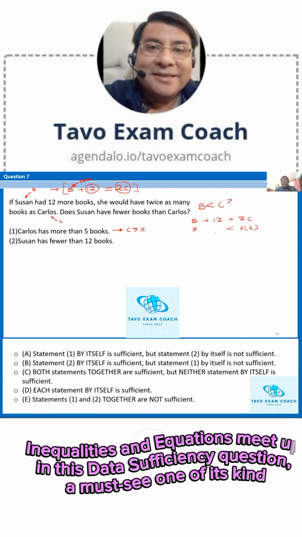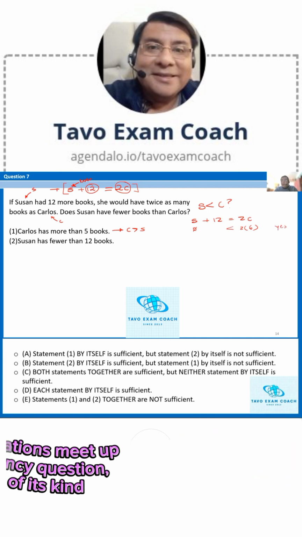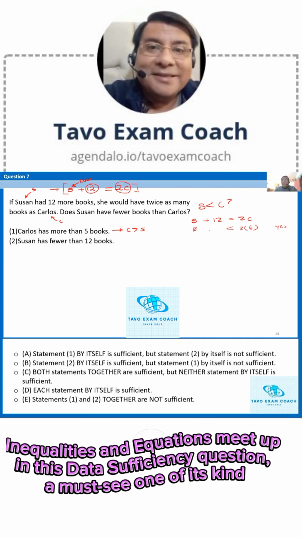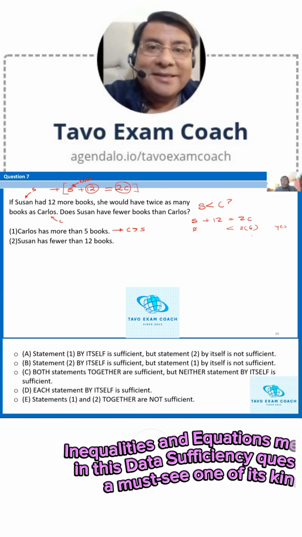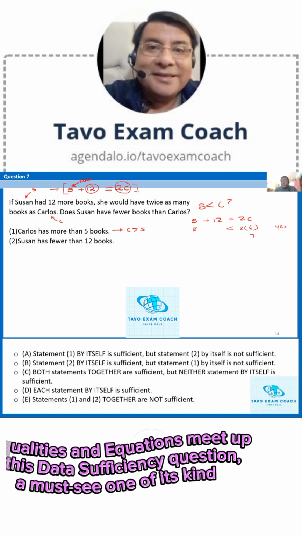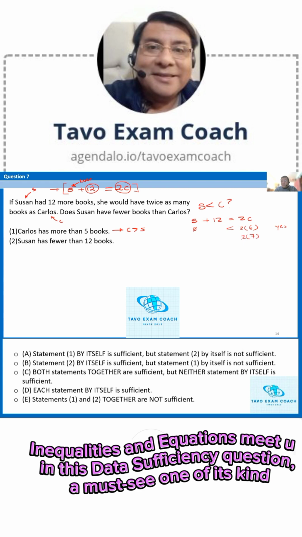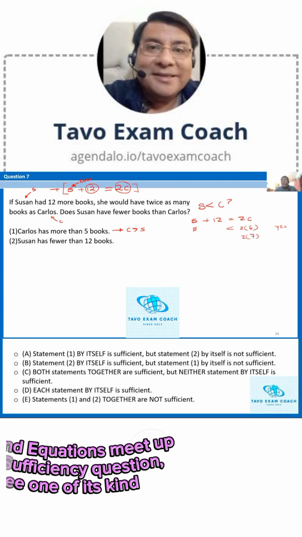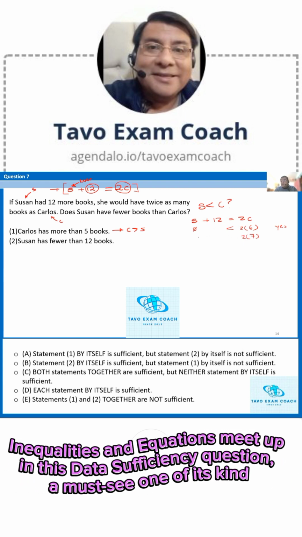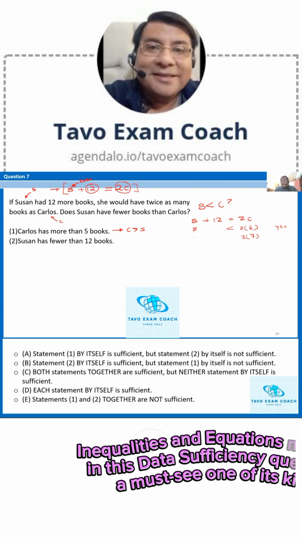Okay, we're confirming an affirmative answer. What about if Carlos's books were 7? Then 7 times 2 would be 14, and the number of Susan's books would have to be 2.